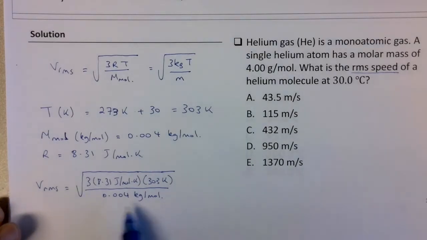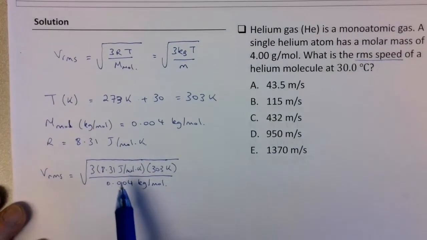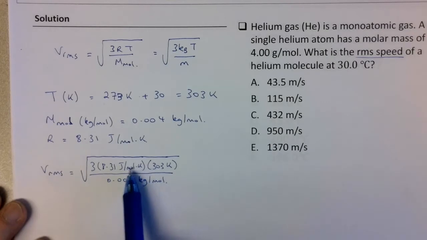And if you're wondering where the meter per second comes from, it's hidden inside the joule. The joule is a unit of energy, so we think about work equals force times distance. So a joule is the same as a newton times a meter, and inside a newton is a mass times acceleration.